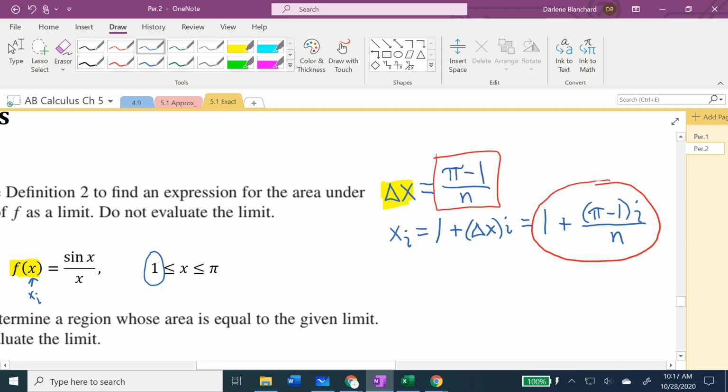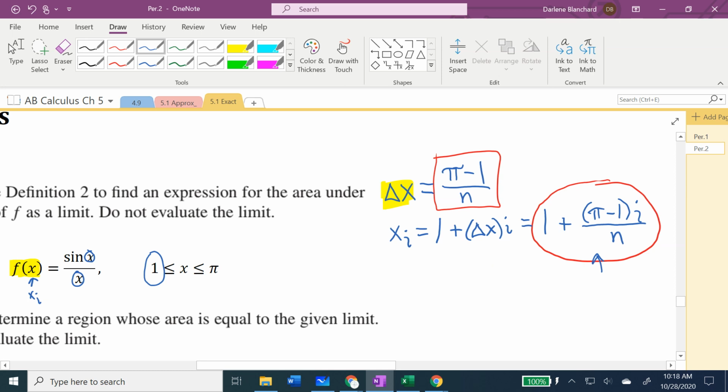So for the height, I'm going to have to take everywhere the variable is sitting and substitute this lovely creature in. And don't worry, you're not going to be asked to simplify it. You're just going to write it in all its lovely glory of complicated messes.